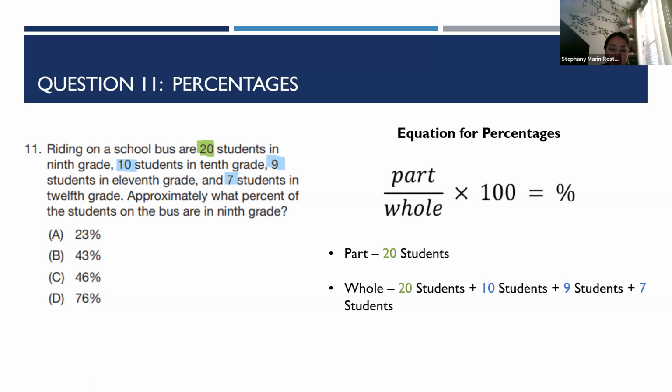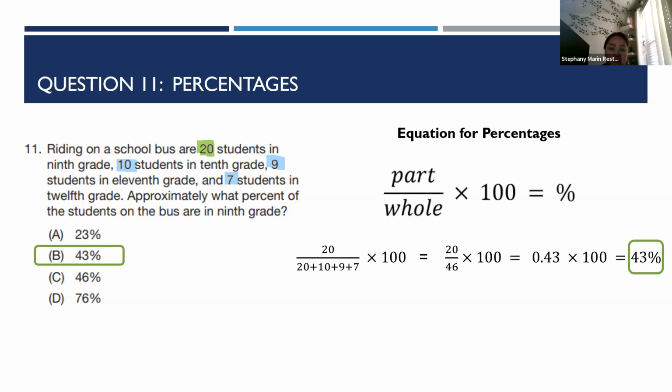So we have 20 students from the 9th grade, plus 10 from the 10th grade, 9 from the 11th grade, and 7 from 12th grade, which gives 46 for all of the students added together. We divide 20 by 46 to get 0.43, and we multiply it by 100 to get our percentage of 43%. So 43% of the students on the bus are in 9th grade.